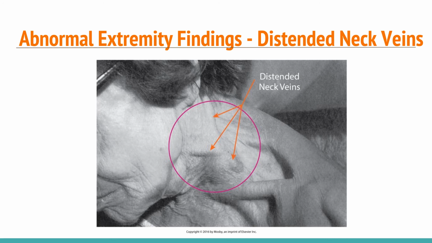You might see it in a severe flail chest, or a possible pneumothorax, or a pleural effusion. Of course, those have to be pretty pronounced. So venous return is decreased, so your central venous pressure is up. Cardiac output may also be decreased, and your blood pressure may be low.